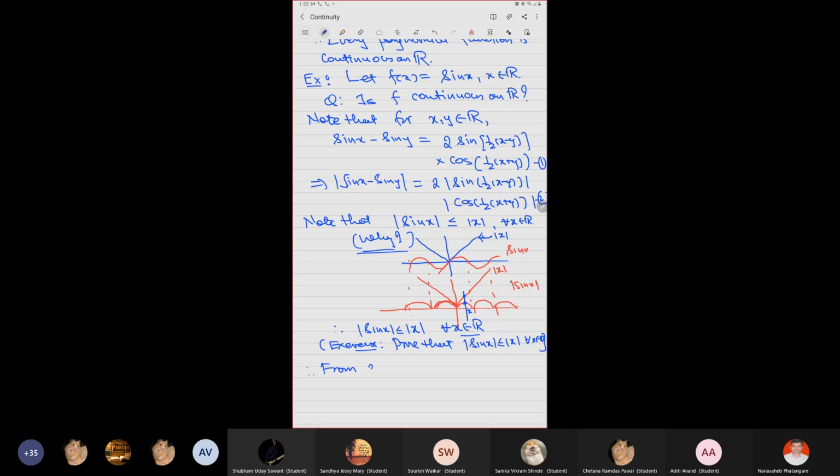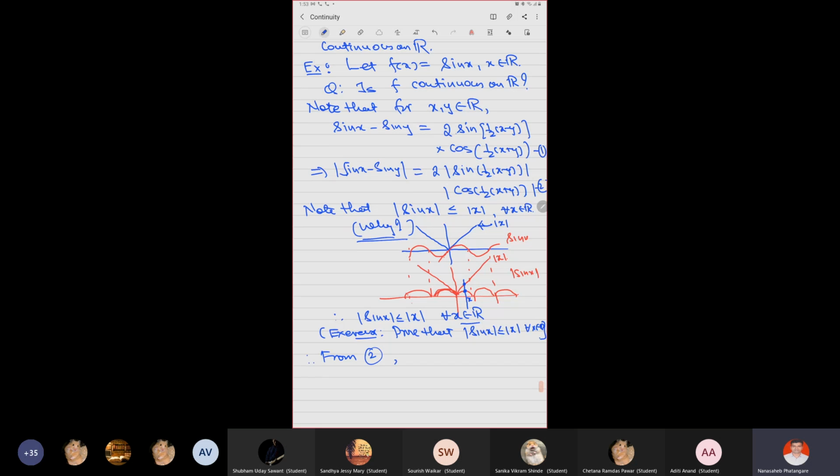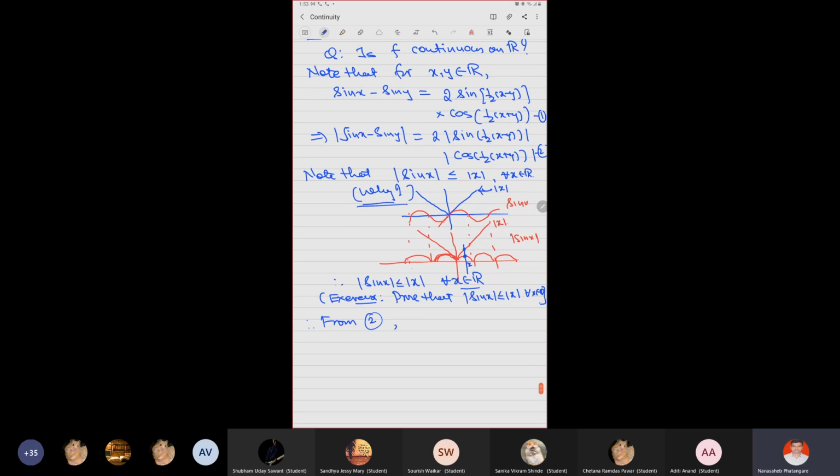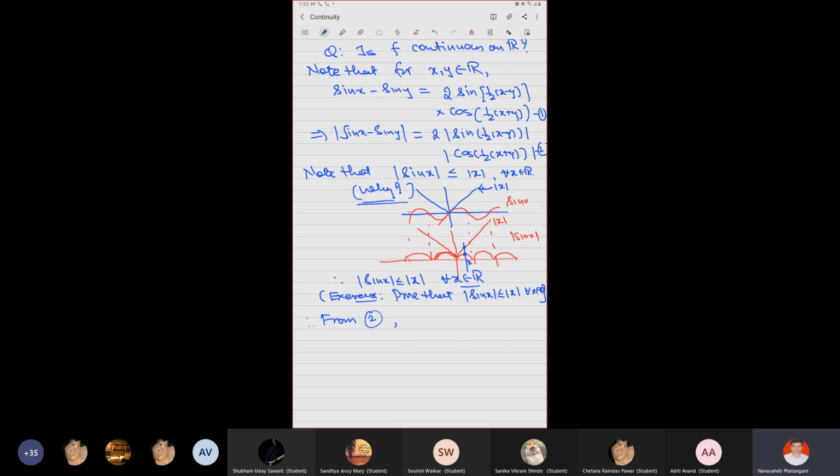Therefore, from the expression above, what we will get is the absolute value of sin x minus sin y, which is 2 times the absolute value of sin of half of x minus y, times the absolute value of cos of half of x plus y, right?